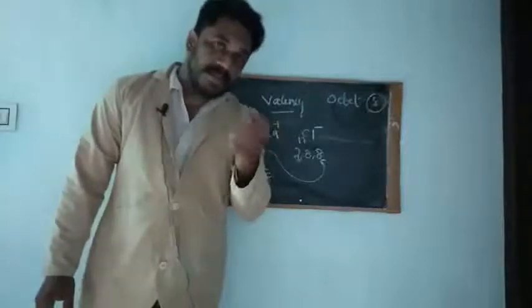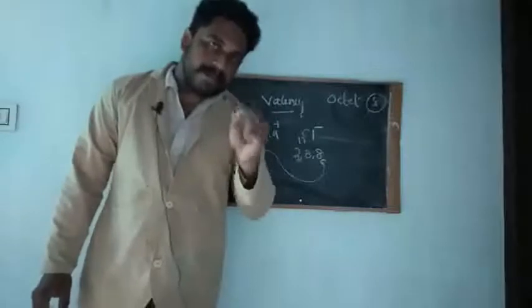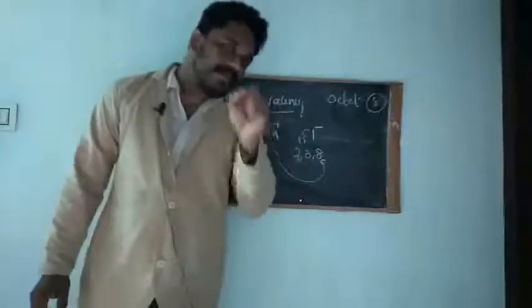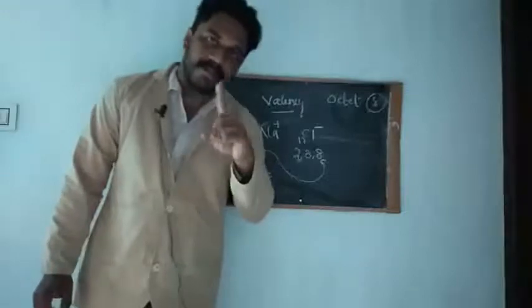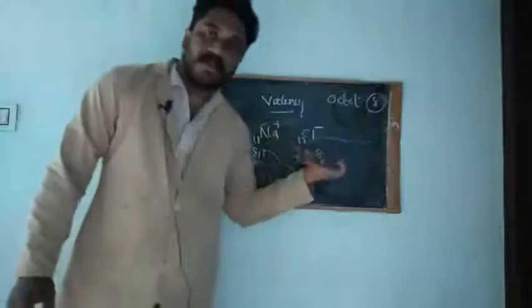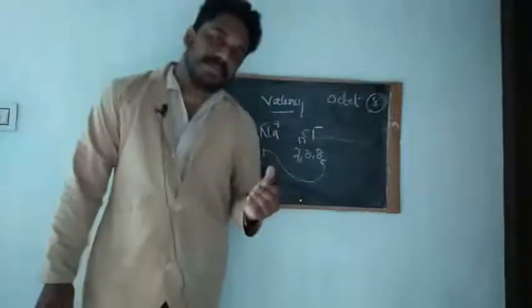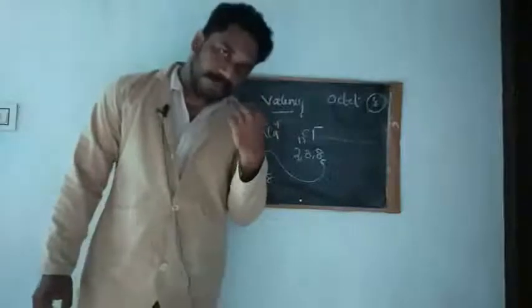So how many electrons are accepted by chlorine? 1, right? So that is known as its combining capacity, and that is actually what we call valency. The valency of chlorine is 1 because it can accept only 1 electron.